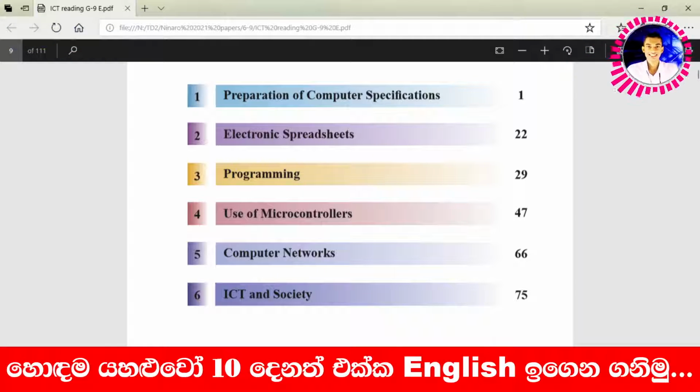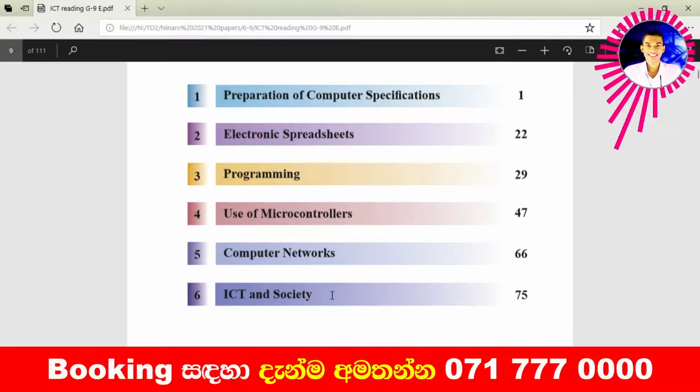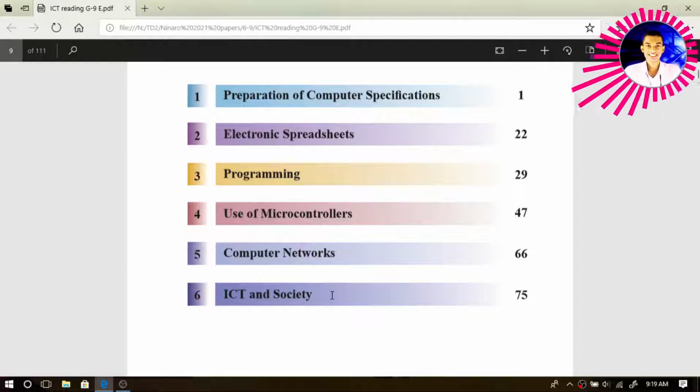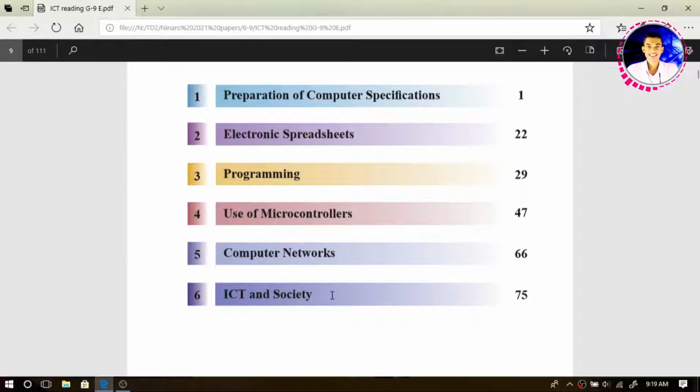Then the sixth lesson is ICT and society. In this lesson you can learn what the benefits of ICT are for society, and how we can use ICT for a good society. As well, we can identify the drawbacks of ICT and how we can profit from them.